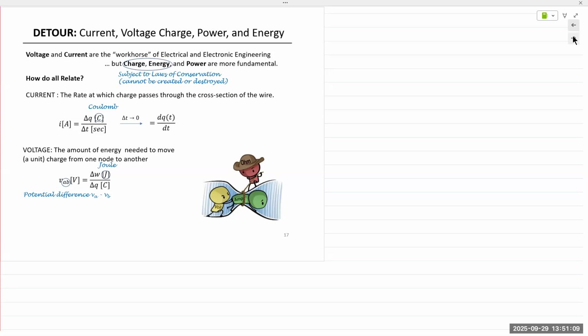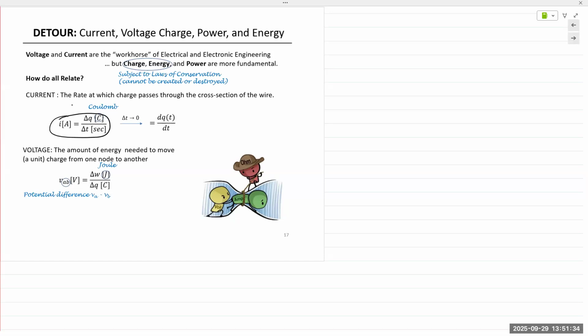This flow of charge, or more technically, the rate of flow of charge, is defined as electric current. So I is the rate of flow of charge, Q over T, or delta Q over delta T, the change in charge with respect to time.